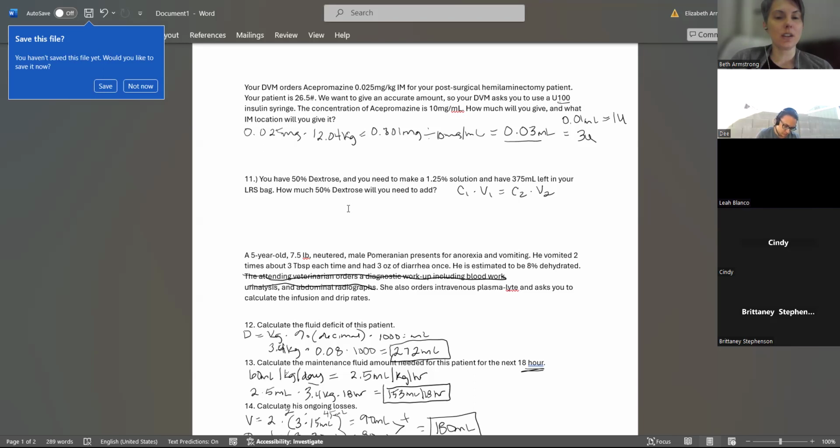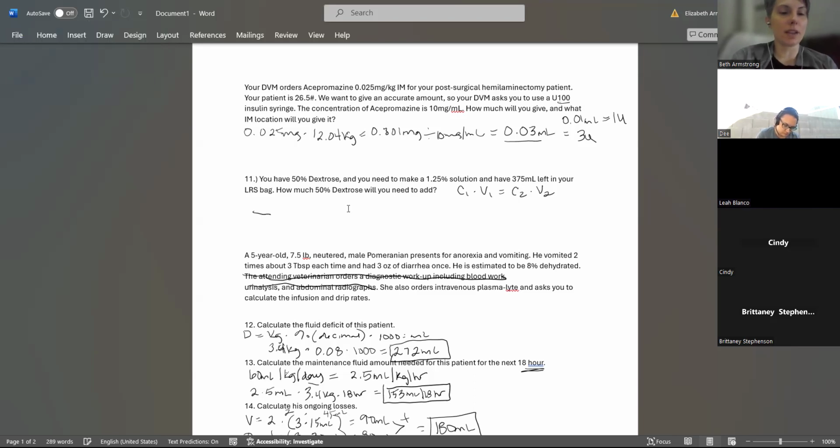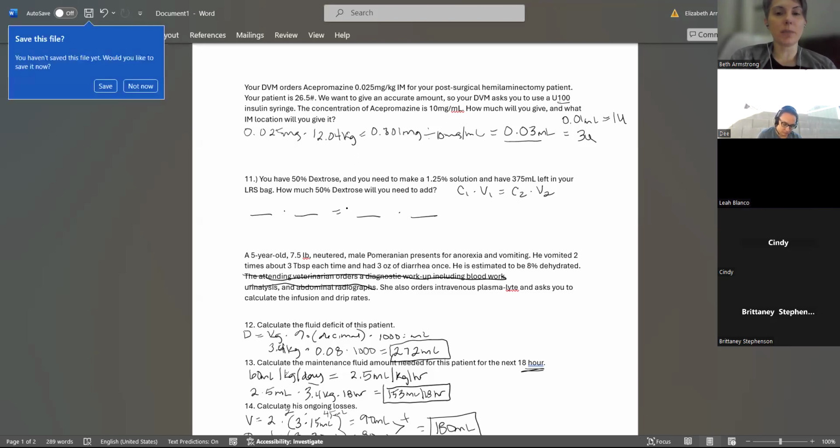All right. So this is where our minds go, we can't do it, but we can. What I do is I make my little blanks so I can fill things in. C1 times V1 equals C2 times V2.